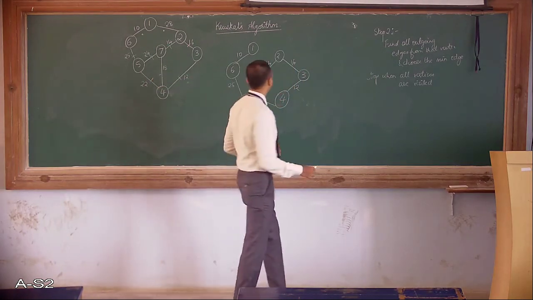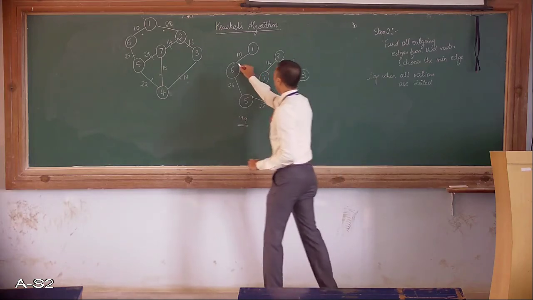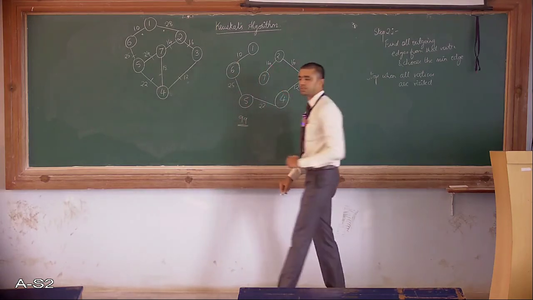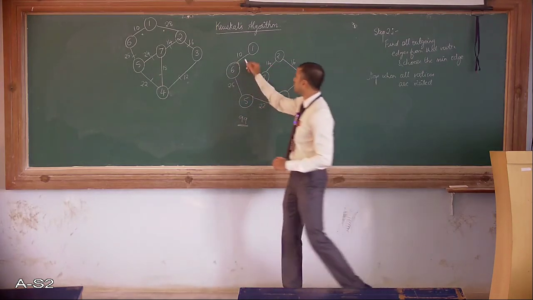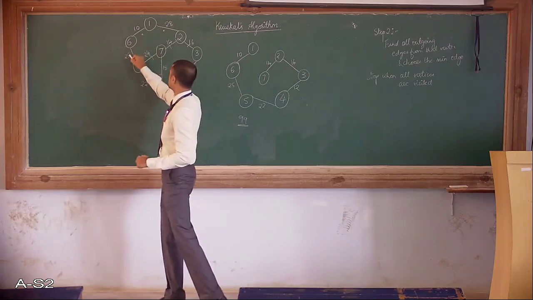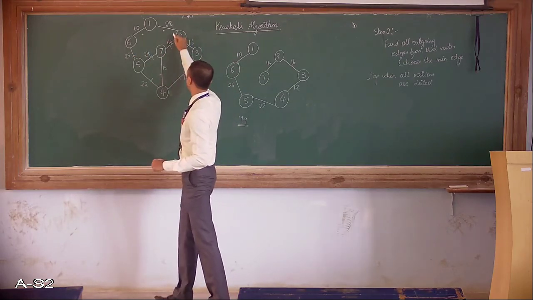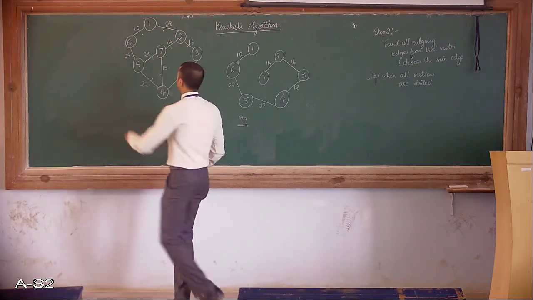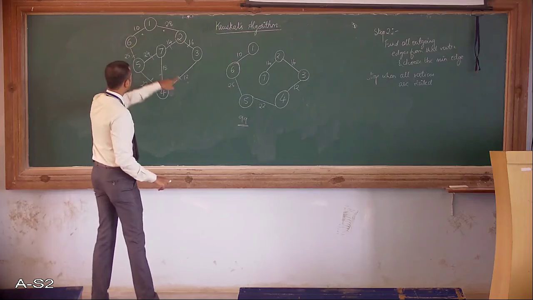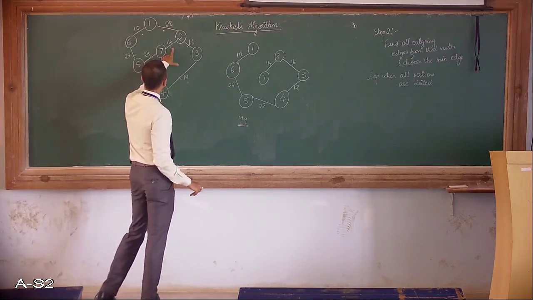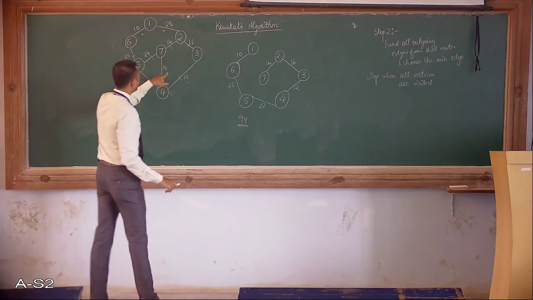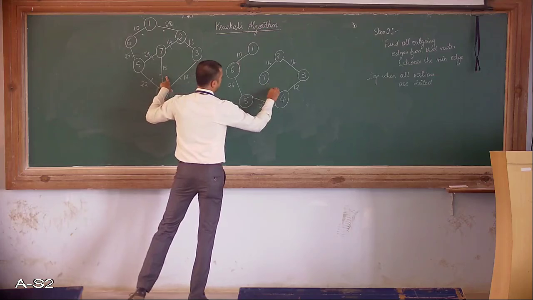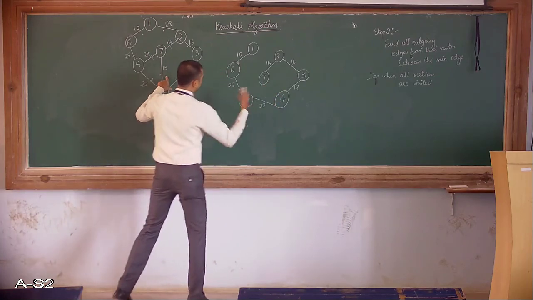In Kruskal's algorithm, I will be visiting the edges in the increasing order of these weights. First I visited 10, then 12, then 14, 16, then 18. I couldn't take 18 because it would form a cycle, so I went to the next.